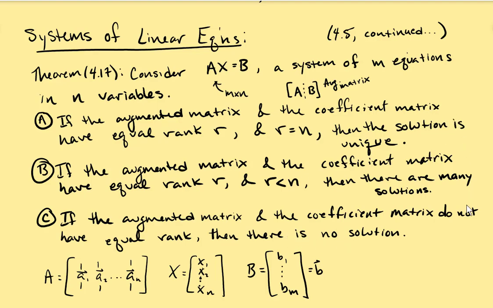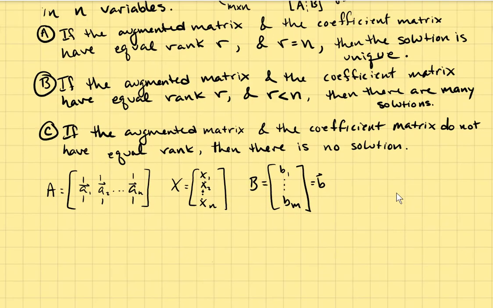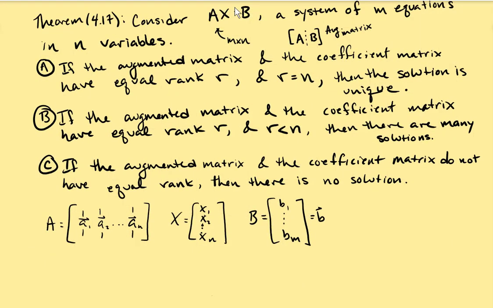So I want to see some examples that illustrate what this is saying and give you a better sense of it than just reading it. But first, the big idea behind a theorem like this is that in this system AX equals B, which is really a system of linear equations, we're going to think about matrix A in terms of its column vectors, A1, A2, all the way out to AN, since it has N columns.